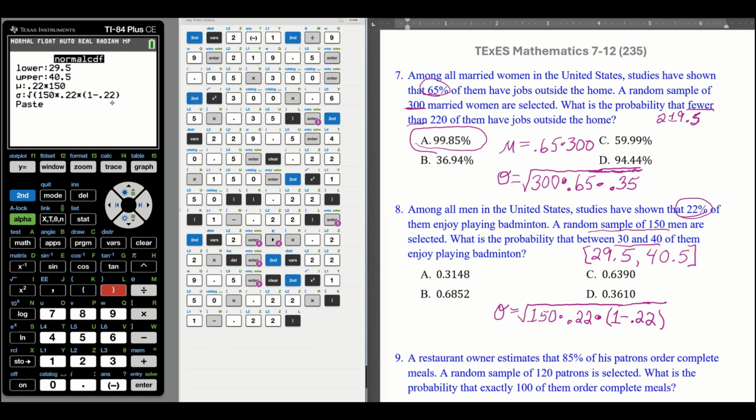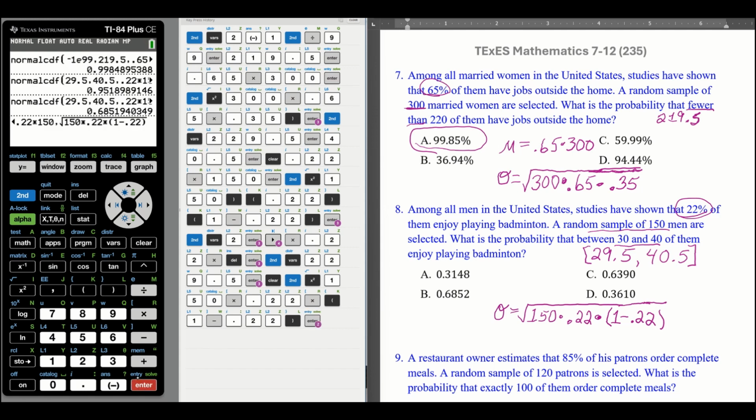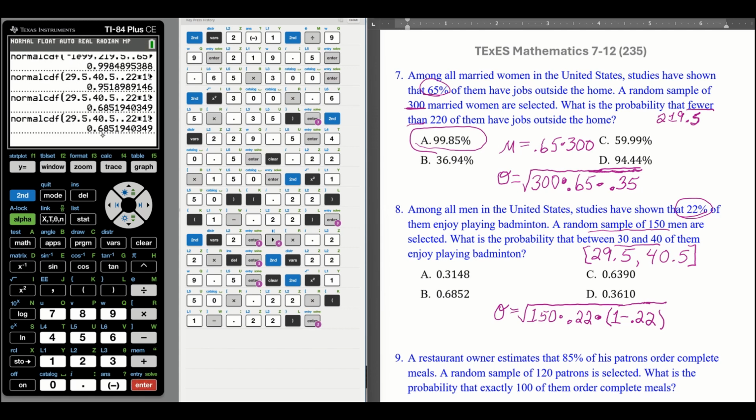This is the way to put it in. So if you have to, stop the screen and you can go back and look at my steps to see where my mistake was. Okay, let's enter again. And this is what we should have. And with rounding, yes, that would be option B.